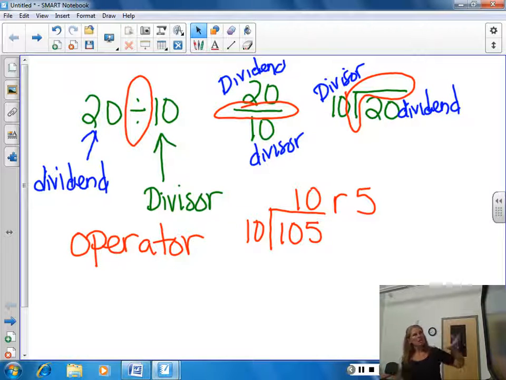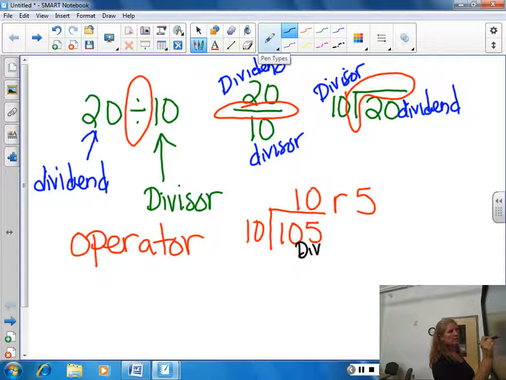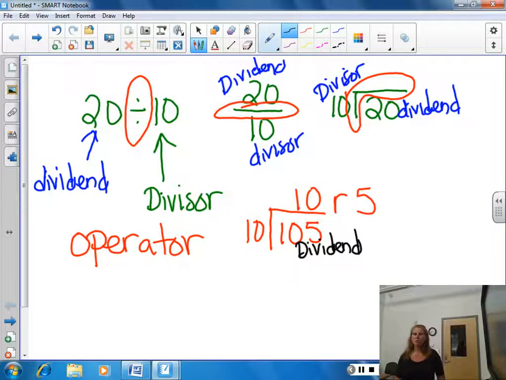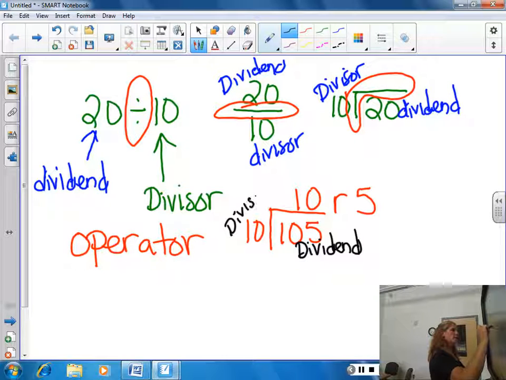In this problem, which number is the dividend? Hopefully you said the 105, because the dividend in this format is always the one that's underneath. Which one is the divisor? Well, the divisor is 10 out here.